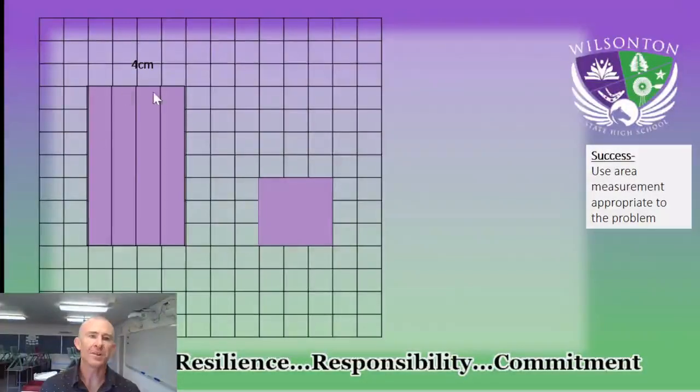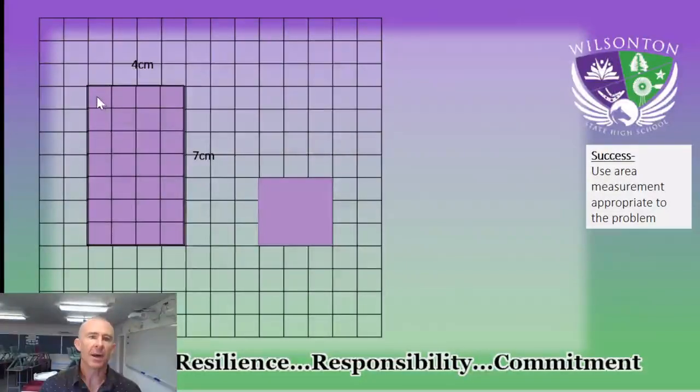Okay, 4 1 centimetre columns for the width. If we look at the height, we've got 1, 2, 3, 4, 5, 6, 7. So the height is 7, and that makes up 7 rows. So when you combine the columns and you combine the rows, you end up with your 1 centimetre squares.